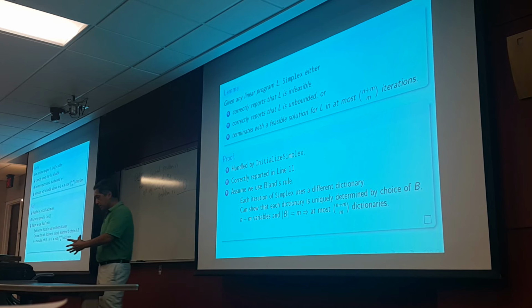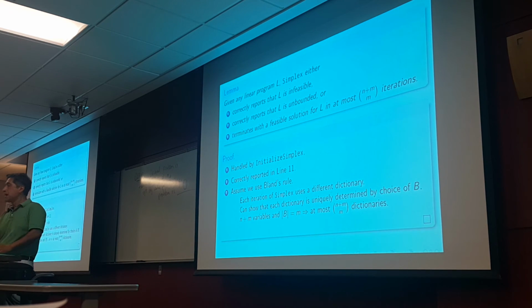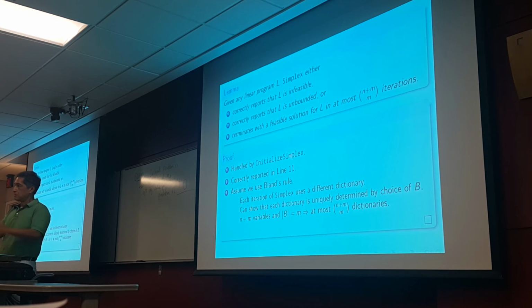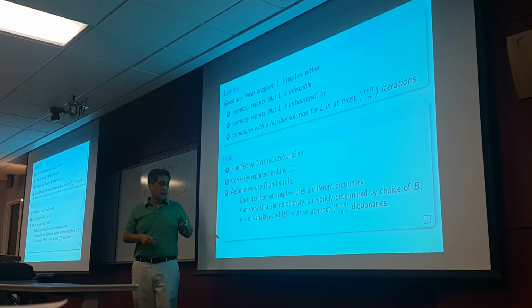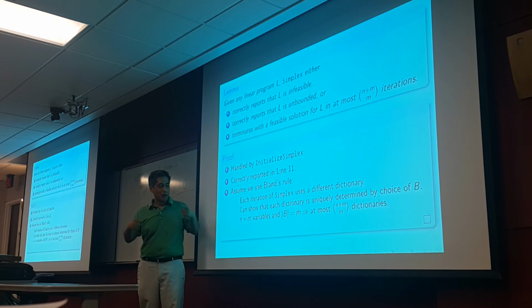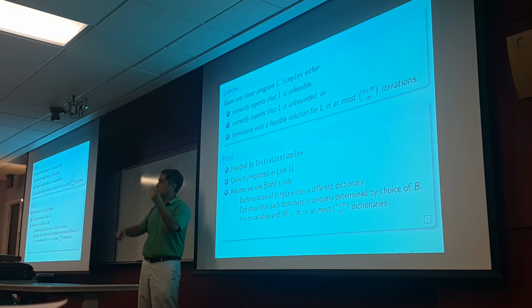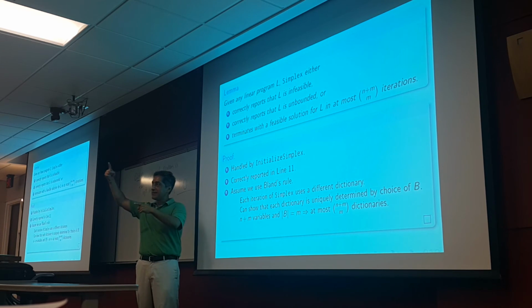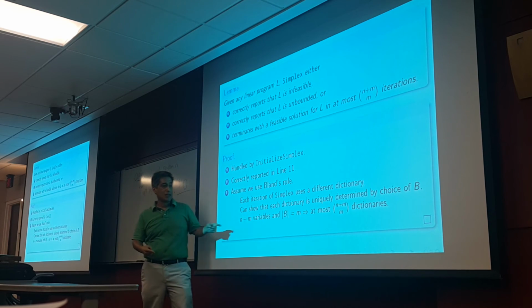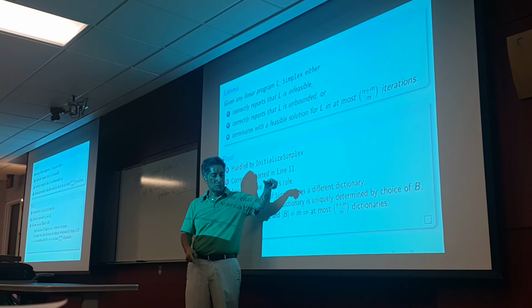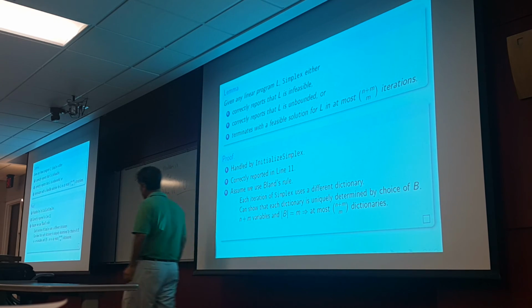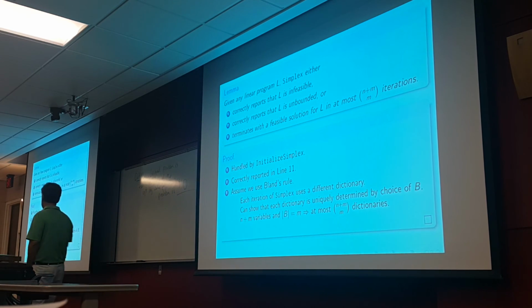Your basis is a choice of m variables, and you have n plus m variables to choose from, including the original ones and the slack variables. So you have n plus m choose m possible dictionaries, and that's how many iterations there can be.